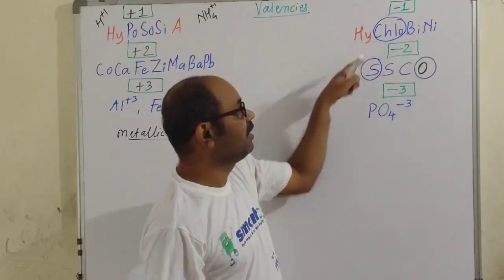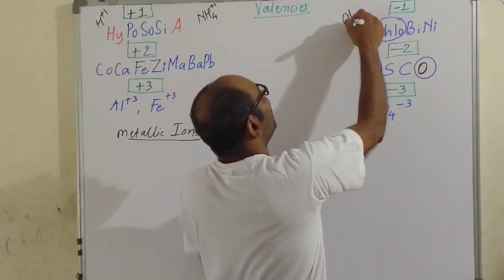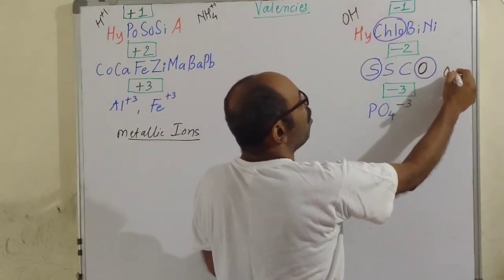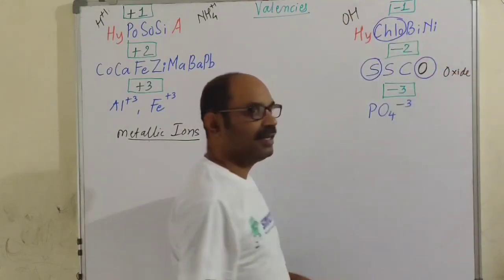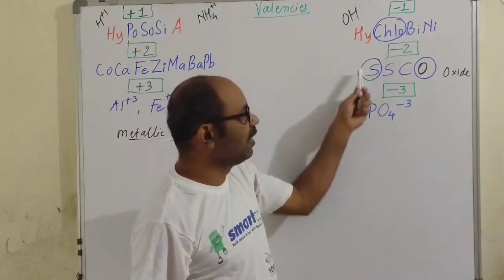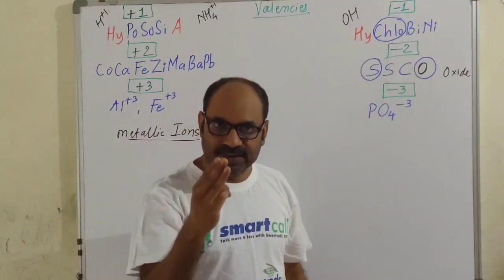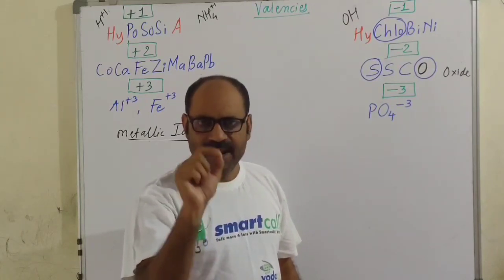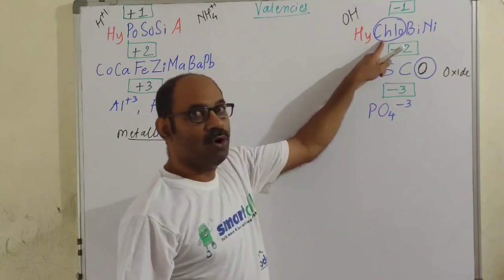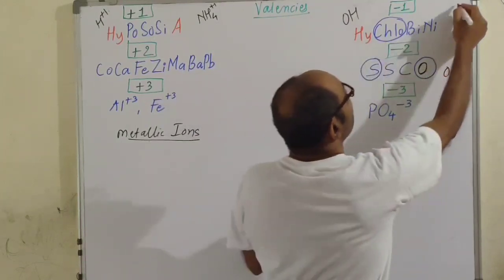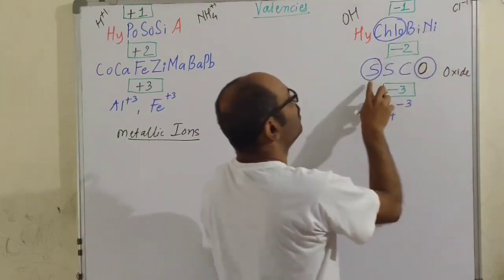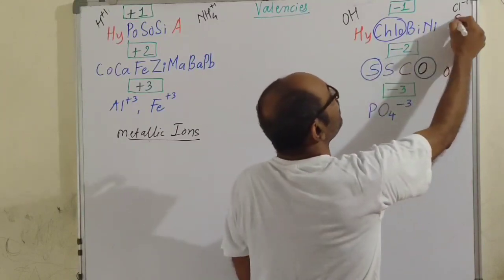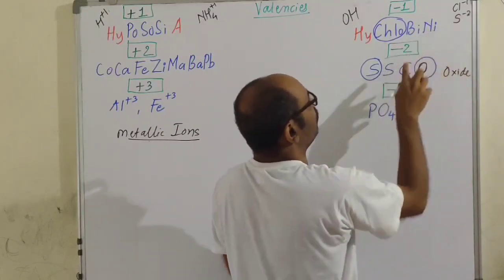Hydroxide, chloride. OH stands for hydroxide, O stands for oxide. Correct? Now what I have circled, only these three are independent ions, ions having a single atom. Chloride, that is Cl minus 1. Sulfide, that is S minus 2.